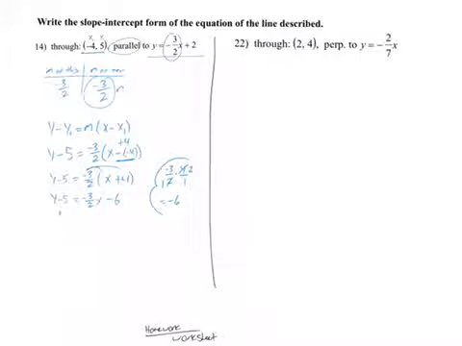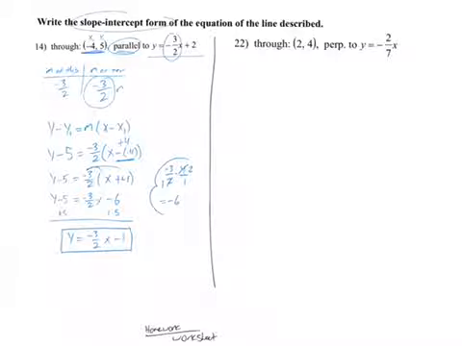Going to add 5 to both sides to solve for y. So I'll say y is equal to negative 3/2x minus 1. And this is going to be our slope-intercept form, because it's in y equals mx plus b, of the equation of the line described. Through this point, parallel to that one.